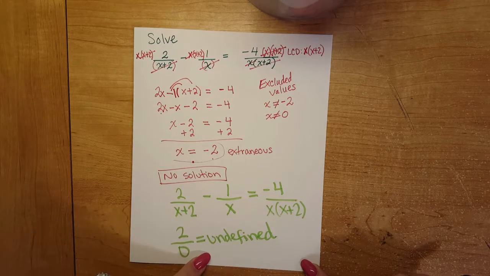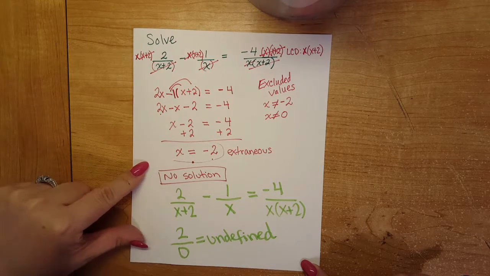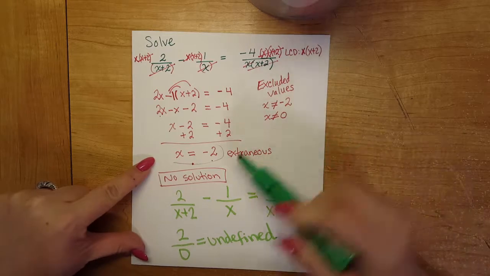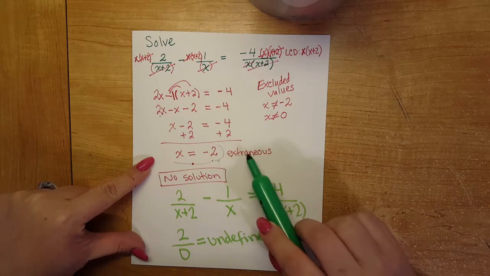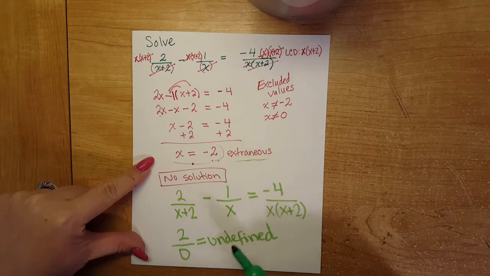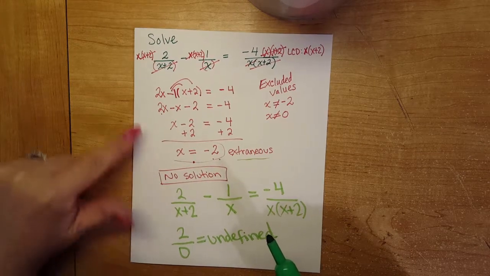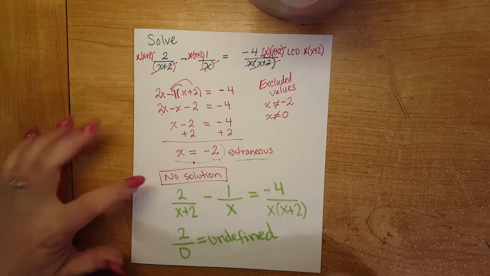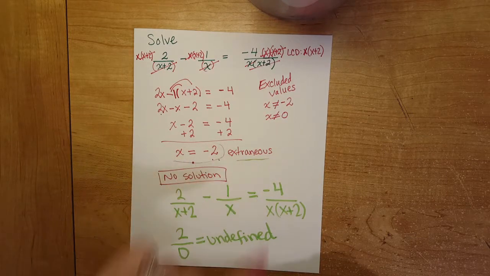So in order to avoid this, we say that these are our excluded values. Therefore, if we end up with negative 2 or 0, that is our extraneous solution. So in this particular case, this problem has no solution, because the only answer we got was extraneous.